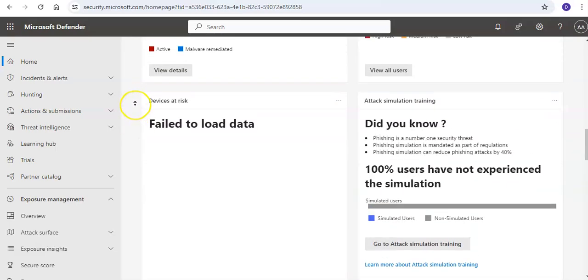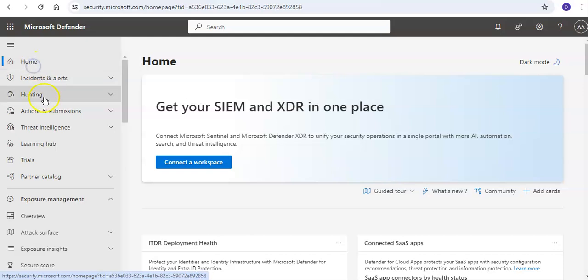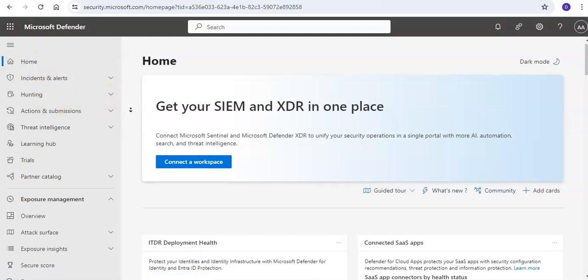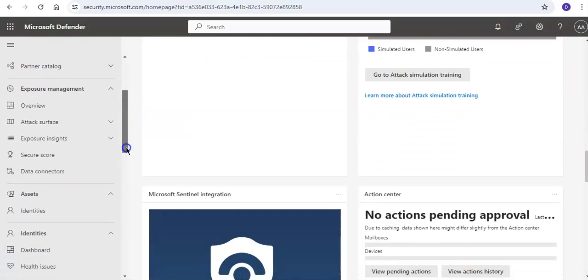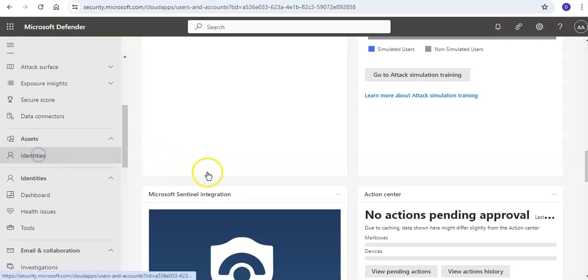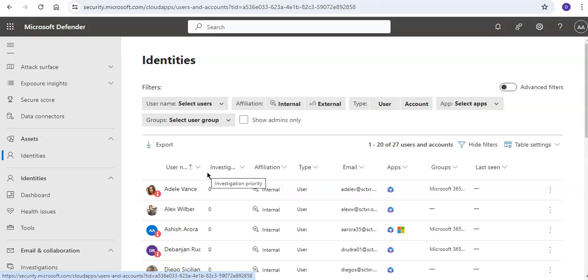Okay, so I am logged on to the portal, and if you click on Home and scroll down, under Assets you will see Identities. Defender for Identity is fully integrated with Microsoft Defender XDR and leverages signals from both on-premises Active Directory and cloud identities to help you better identify, detect, and investigate advanced threats directed at your organization.